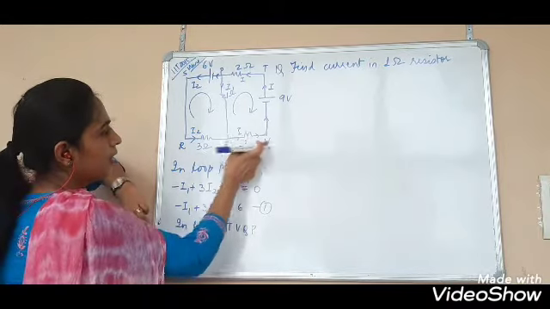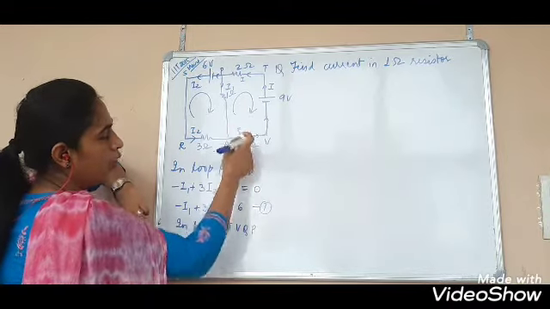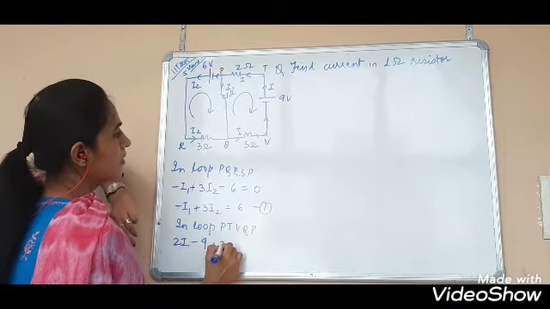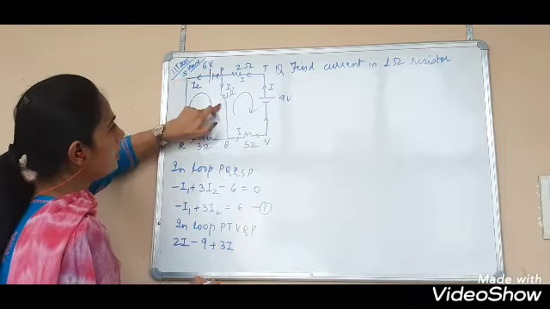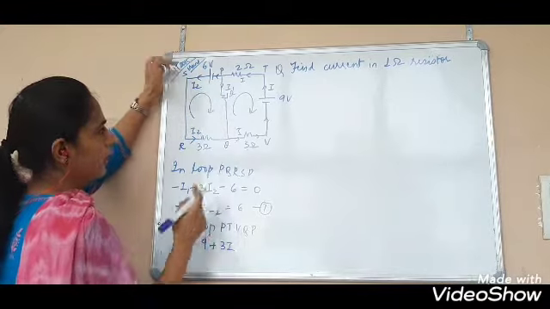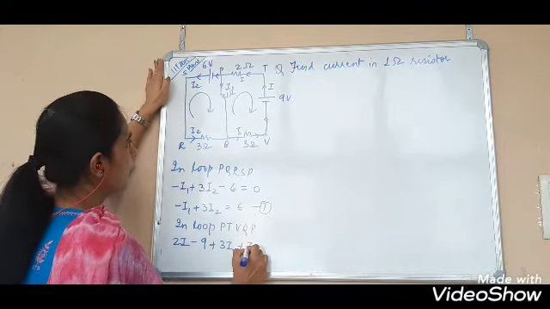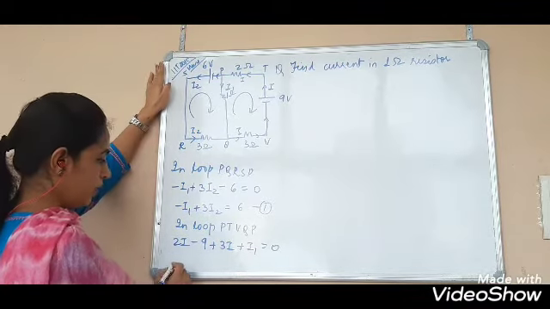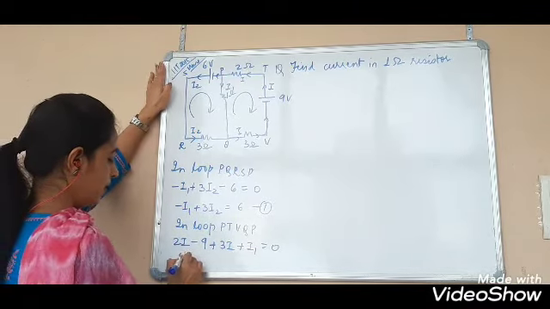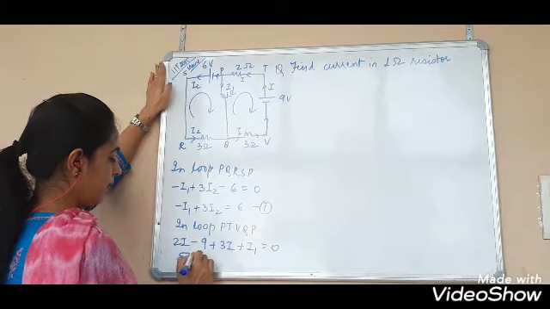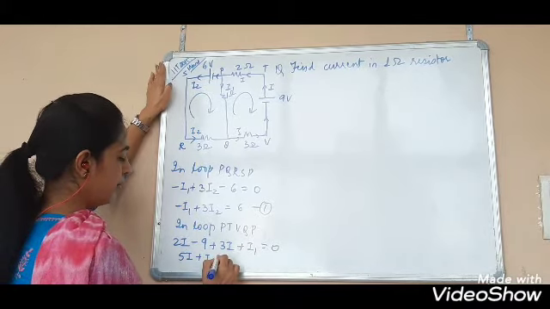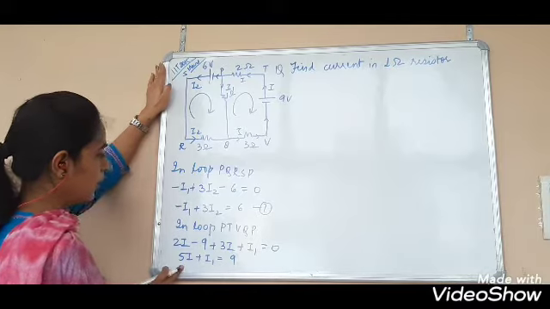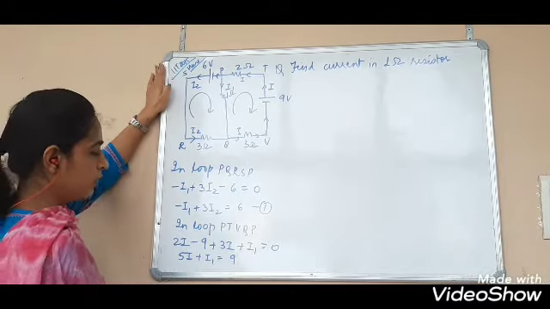Then here current and path are opposite, so plus 3I. Then here again current and path are opposite, so plus 1 I1 is equals to 0. So 2I plus 3I, that is 5I plus I1 is equals to 9. Okay, 5I plus I1 equals to 9.